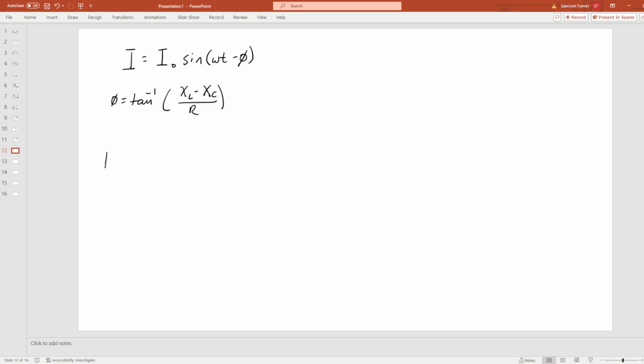So if I want to calculate the average power for the resistor, once again this is going to be IV, so this is going to be I naught sine of omega t minus phi times V naught sine of omega t minus phi. Because these are signals, we need to take the time average.